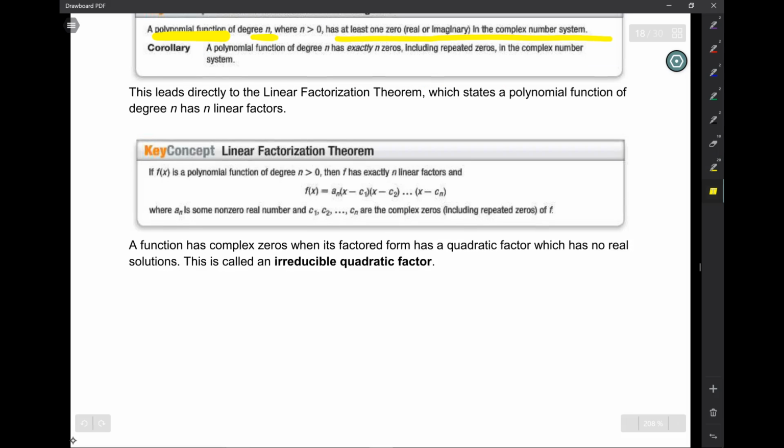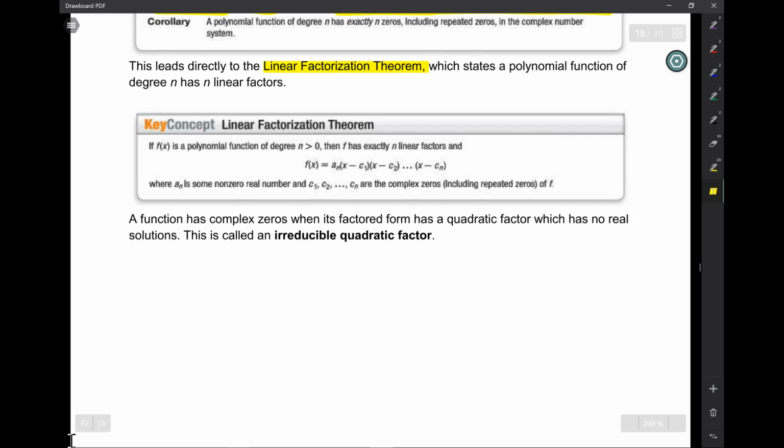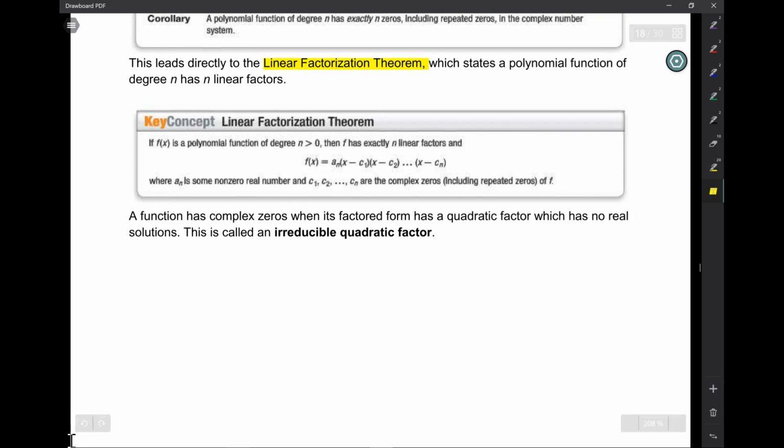Okay, so linear factorization theorem. We know this too. If a polynomial has a degree of n, how many zeros does it have? N, which means it has n linear factors.